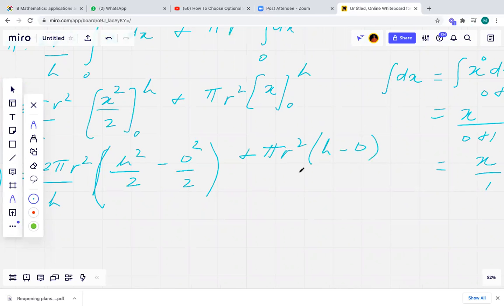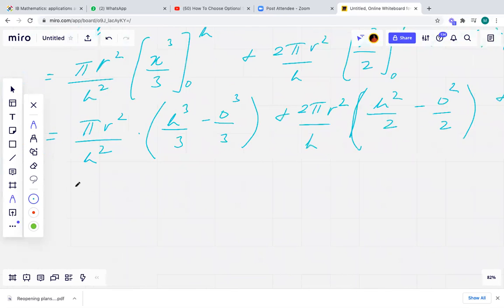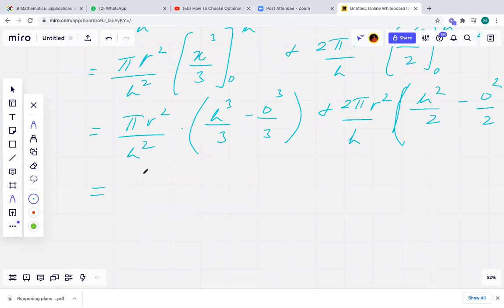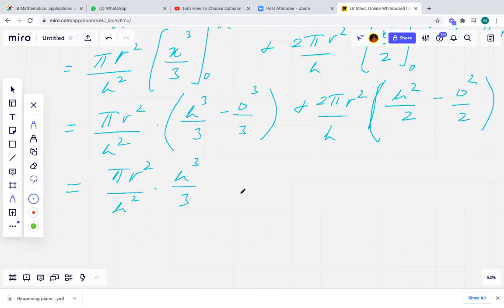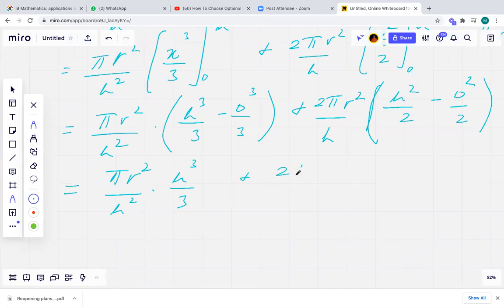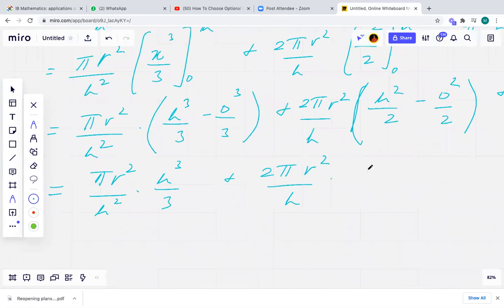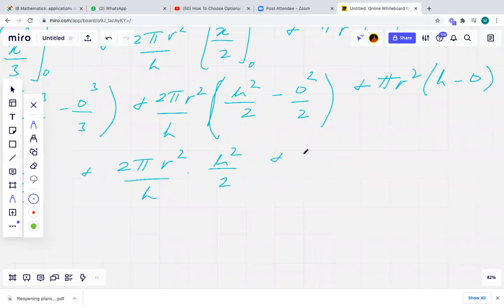So it will be pi r square upon h square into h cube upon 3, plus 2 pi r square upon h into h square upon 2, plus pi r square h.